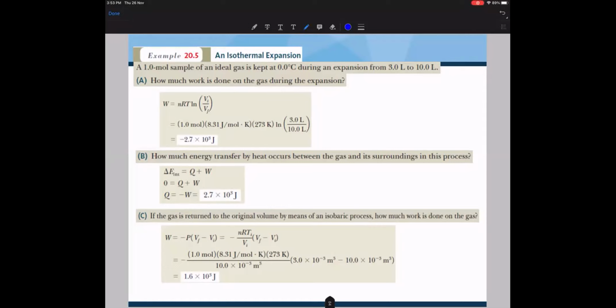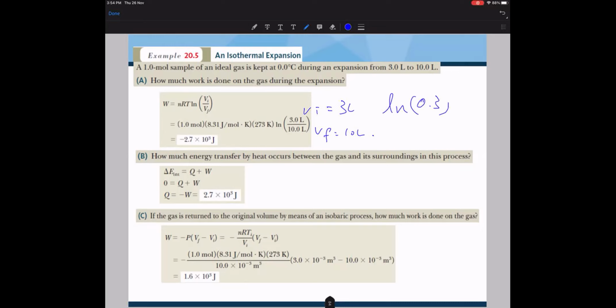You could just fit in the equation. nRT, number of moles is 1, R is the universal gas constant. Volume changes from 3 liters to 10 liters. So in the bracket, VI is 3 liters, VF is 10 liters. So natural log of 0.3.